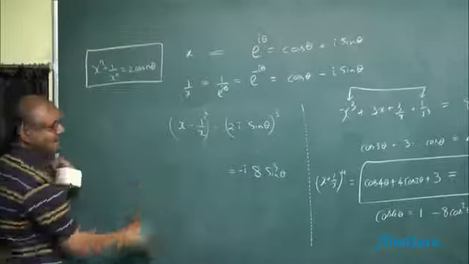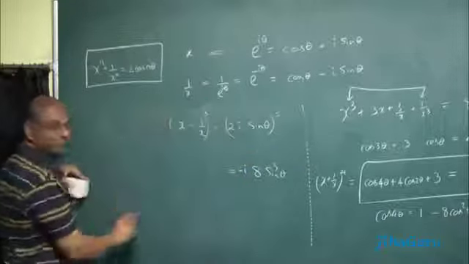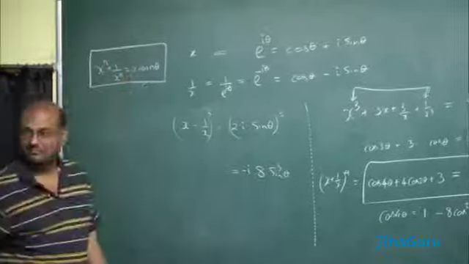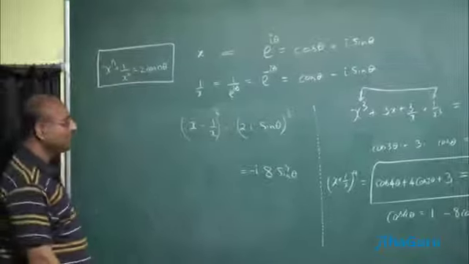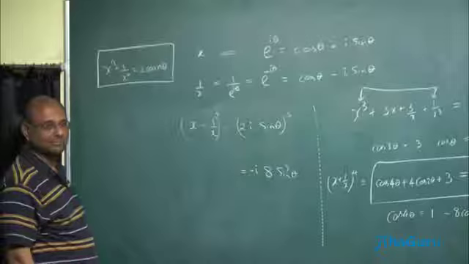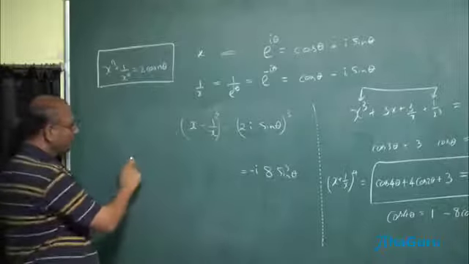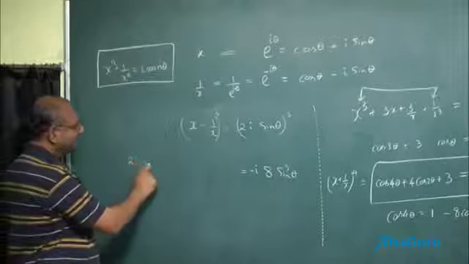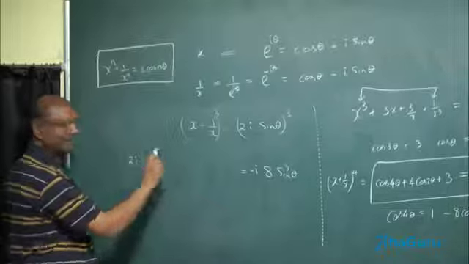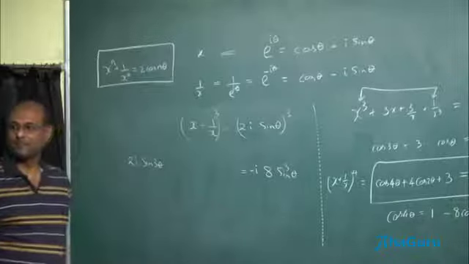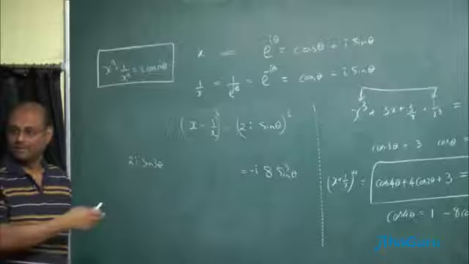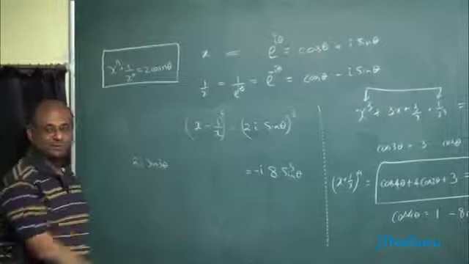Okay, so on this side you are going to get x cube minus 1 by x cube. What is x cube minus 1 by x cube? 2i sine 3 theta. Right? So I have got an x cube minus 1 by x cube done.